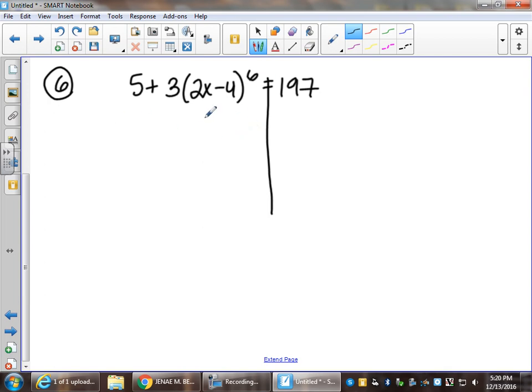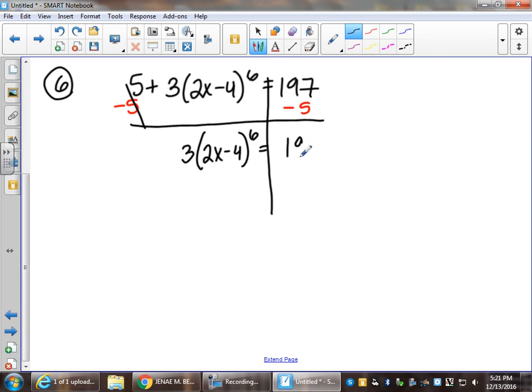So first, on the entire left side, if there's something we could add or subtract, we have to do that first. My attention is immediately drawn to this positive 5. I know that I can subtract that from both sides. 197 minus 5 is 192.